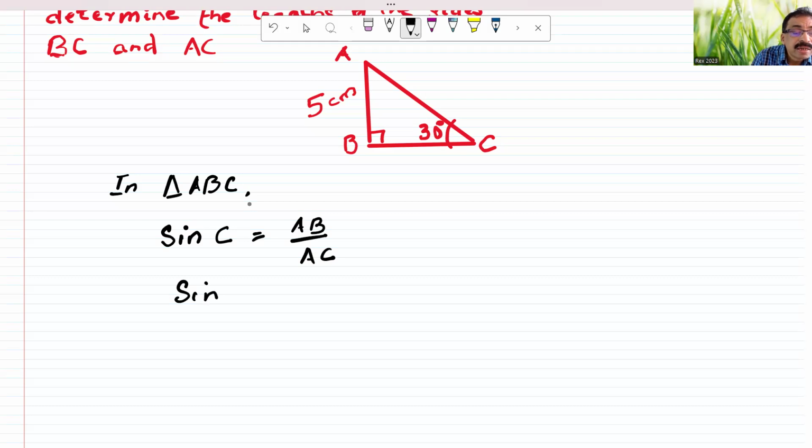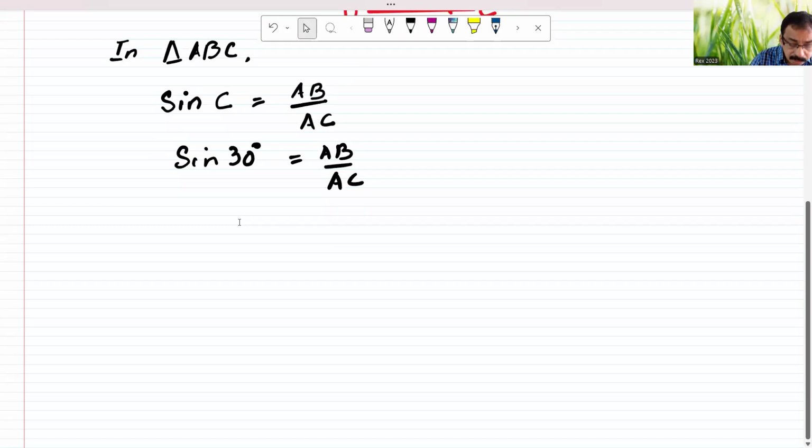We'll write that first. Sine of 30 degrees, because that is given, is equal to AB by AC. And here we are also given AB is equal to 5. We'll substitute that. But before that, what is sine of 30? Sine of 30 is 1 by 2 from the table.